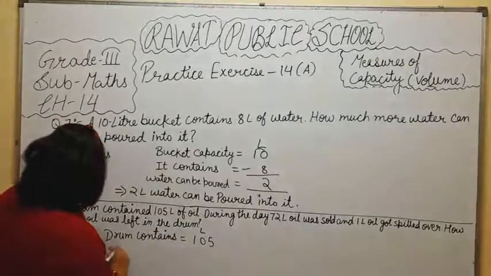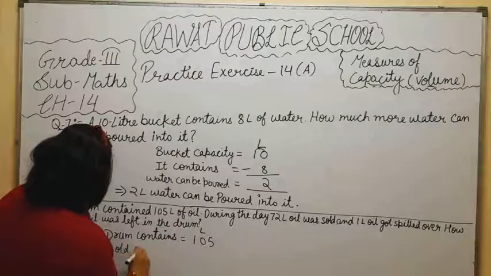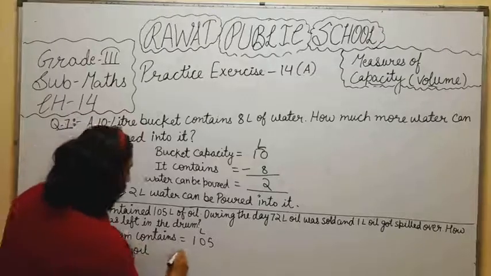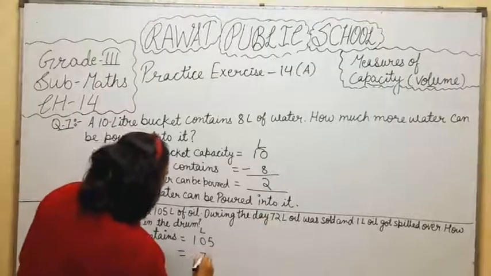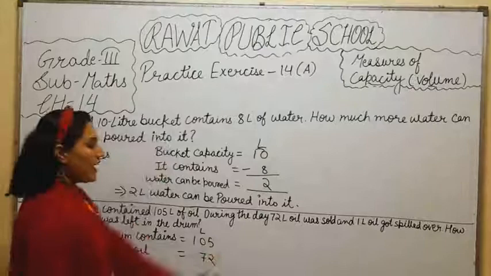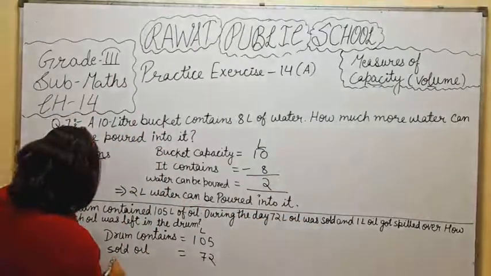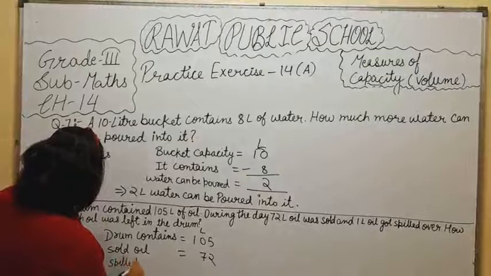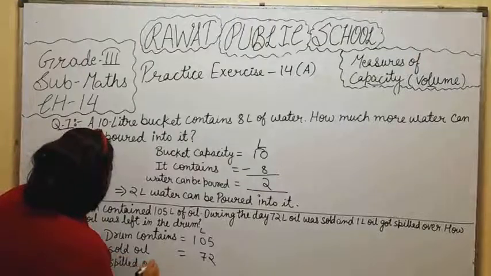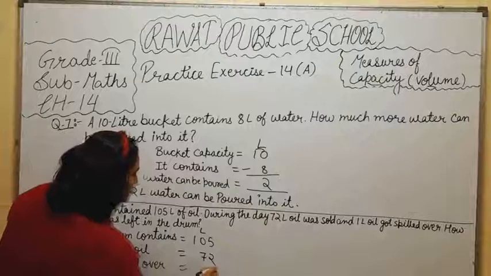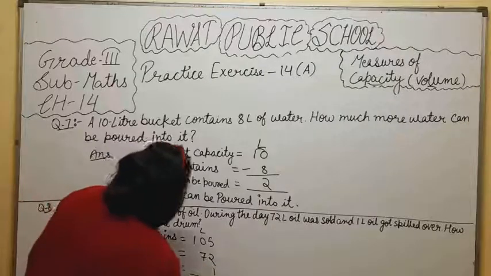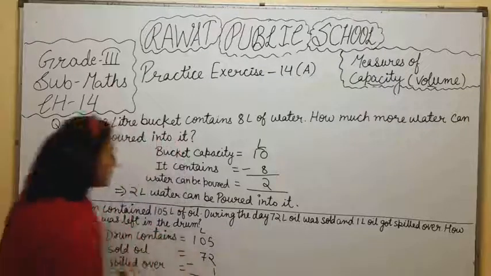Sold oil is equal to how much? 72. And 1 liter oil spilled. So spilled over is equal to 1. So we have to subtract it from the total.